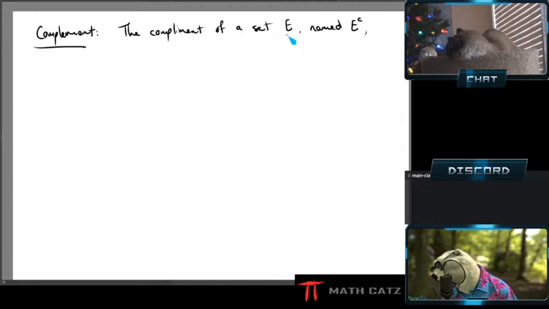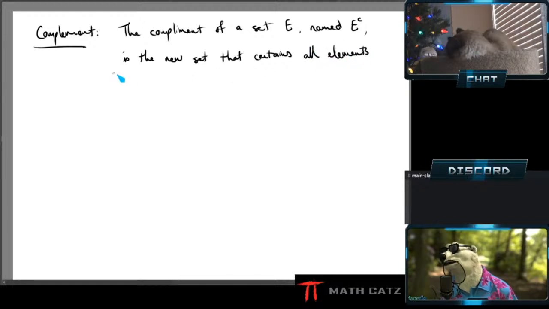Given a set E, this new set, called E complement, is the new set that contains all elements not in E.